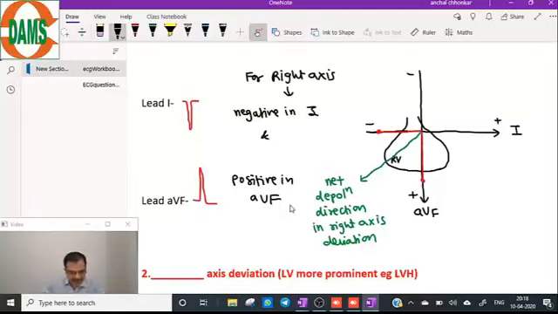Because it is a right axis deviation, the position is changing toward the right ventricle side, because it is hypertrophied. So this is the meaning of right axis deviation. AVF should show a positive QRS complex. So for right axis, lead 1 is negative and AVF is positive.